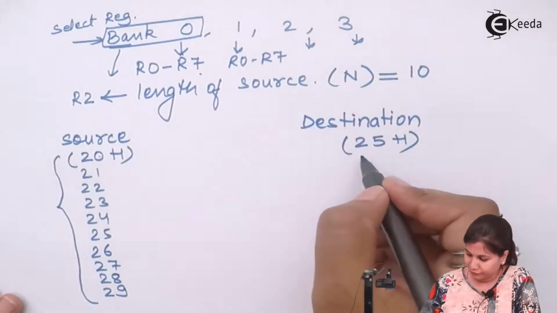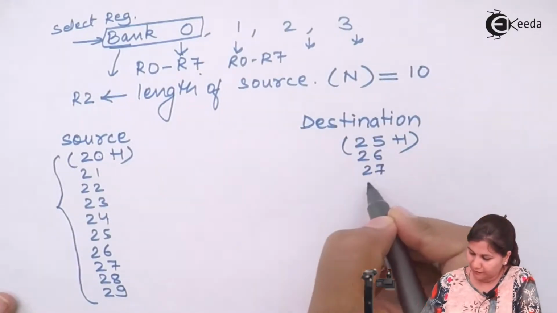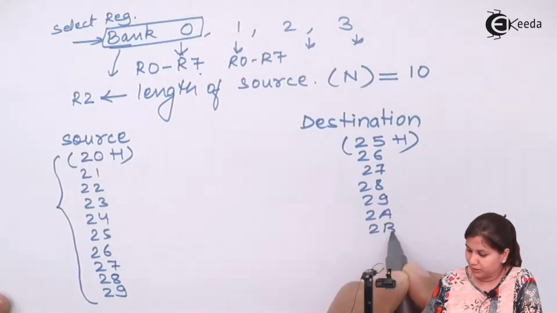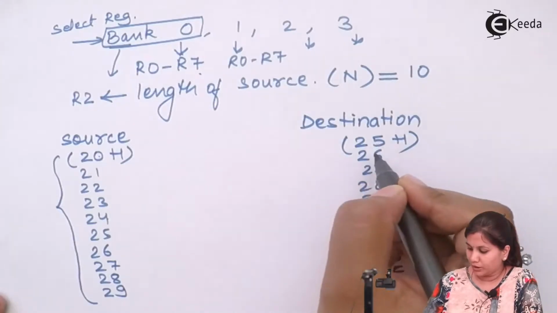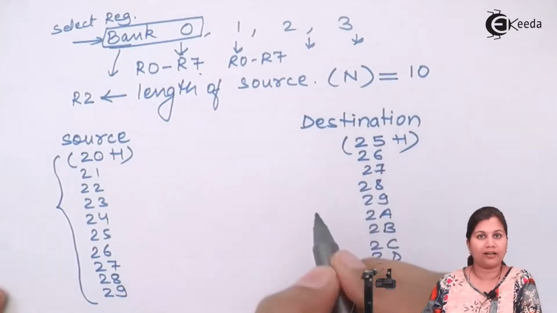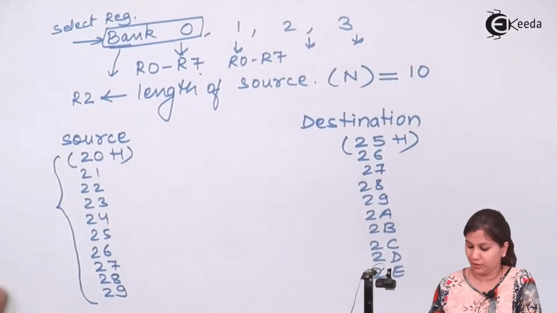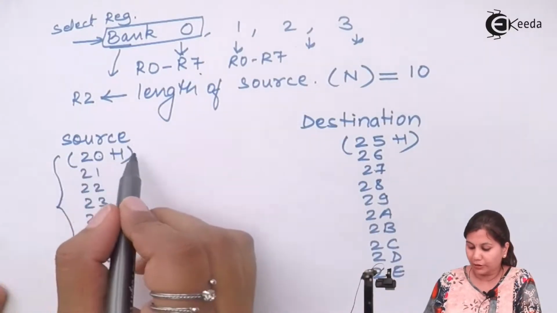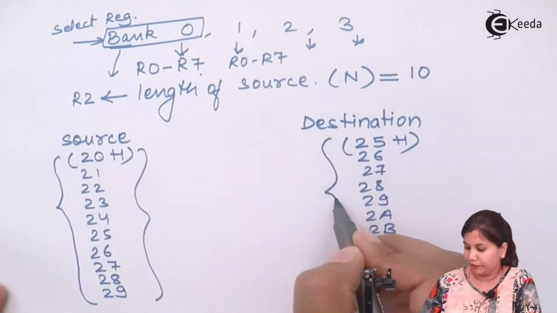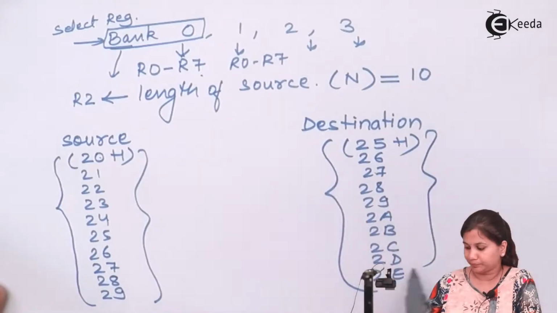Now from 25H: 25, 26, 27, 28, 29, 2A, 2B, 2C, 2D, 2E. There are again 10 memory locations. So the numbers which are stored at 20 to 29 will be stored at 25 to 2E.